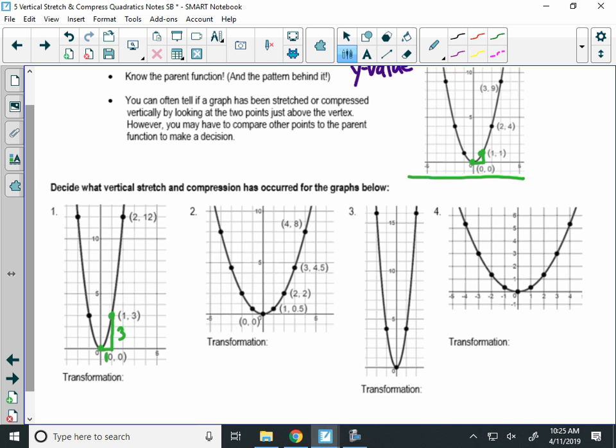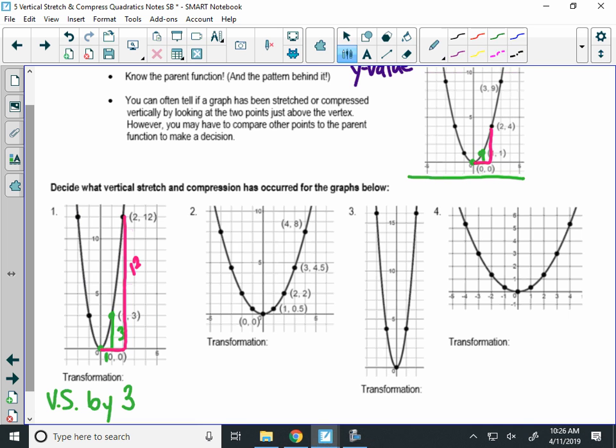So because I went up 3, 3 is bigger than 1, that means I had a vertical stretch, I'm going to abbreviate, by 3. You could check the next point if you wanted. You went out 2 to the right, and we went up 12. Usually we go out 2, up 4. Well, 4 times 3 is 12, which is the distance we got here.